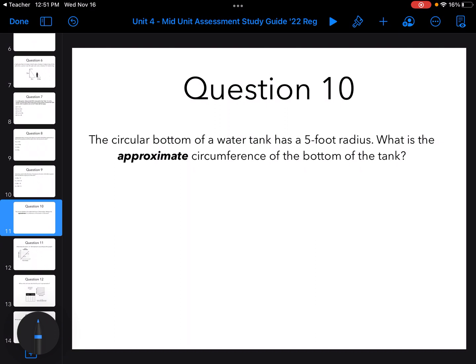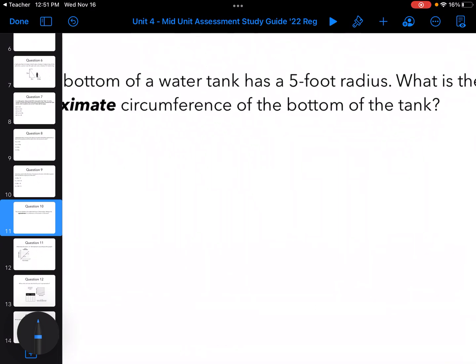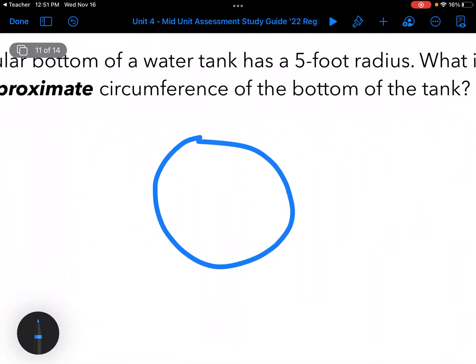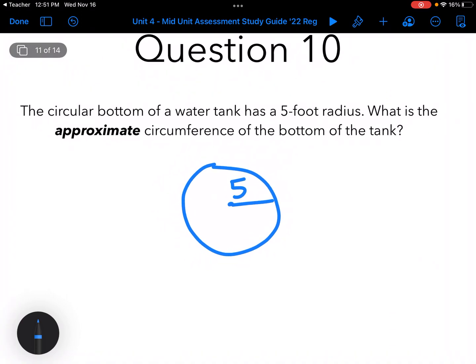All right, I have a circular bottom to my water tank and it has a 5-foot radius. And they want to know what the approximate circumference of the bottom of the tank is. Well, I know my circumference formula is C equals pi times diameter. So I know that I'm going to need my whole line, so that would be 10.